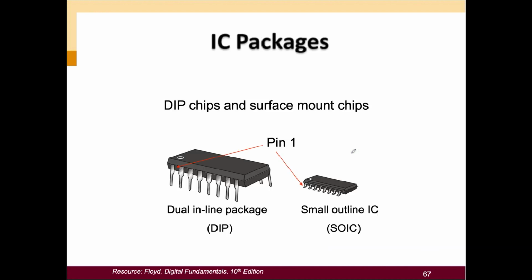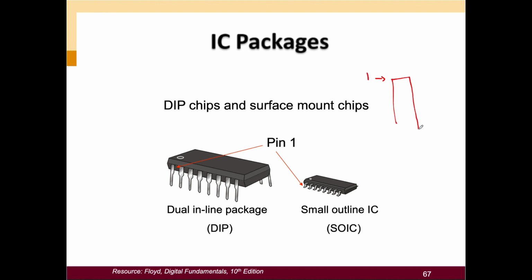So how does the IC package look? DIP chips basically look like this, and you have the pins. How you count your pins is, at the upper left, it starts as 1.